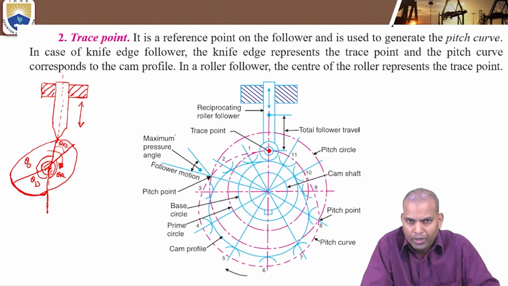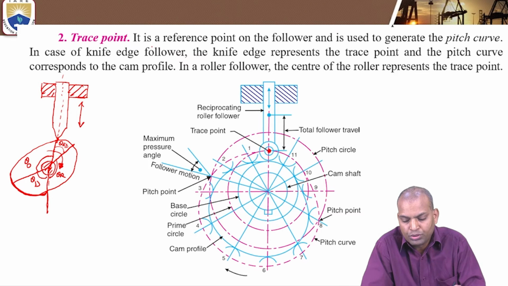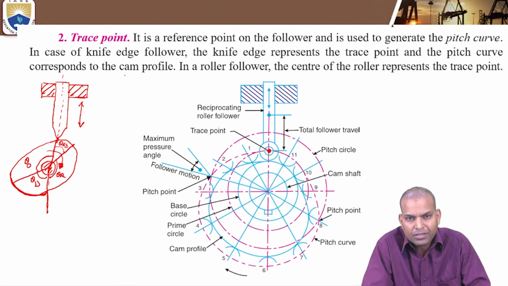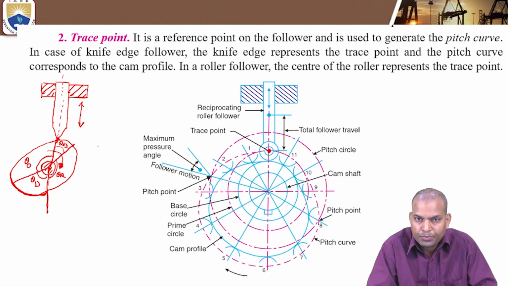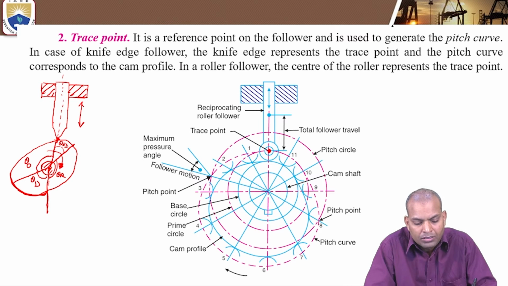Okay, which point is it? To draw the cam profile, it is a reference point on the follower and is used to generate the pitch curve, and also helps to draw the cam profile. So in case of a knife edge follower, the knife edge represents the trace point on the pitch curve, and this trace point is useful to draw the pitch curve.